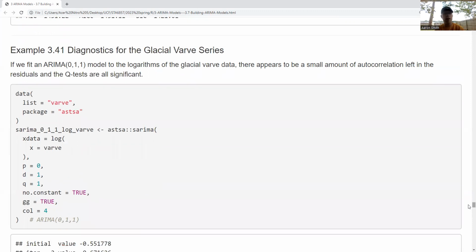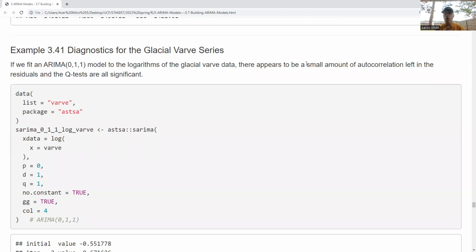All right, so let's go ahead and take a look at the diagnostics for the glacial time series that we've looked at before. And here, we're going to fit a degree 1 differencing with degree 1 moving average model on the logarithm of the data. So I'm taking log, taking differencing, moving average 1.